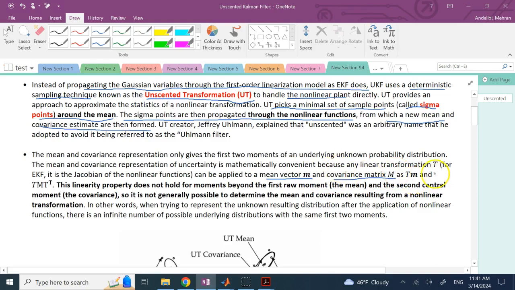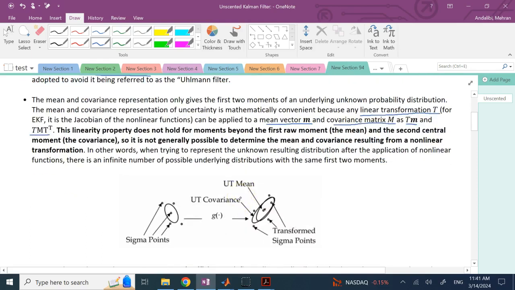And if the linear transformation is shown by T, in the case of EKF, that T could be capital F or capital H, then the mean of the posterior is going to be T times M, and the covariance of that is going to be T M T transpose, right? Where again, T could be that capital F that you had in EKF. But this method does it differently. So what does it do? It says, well, let's say that my prior information is Gaussian, okay?